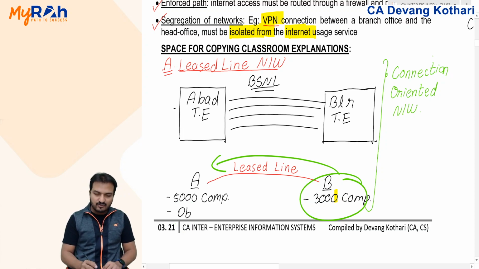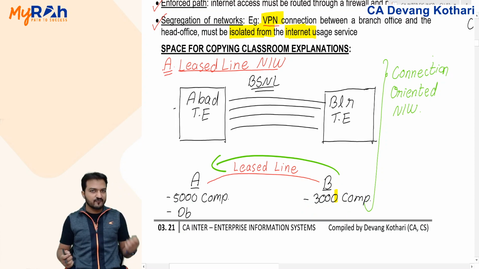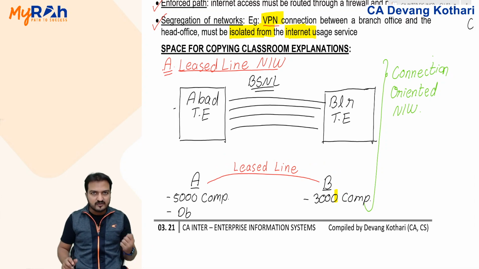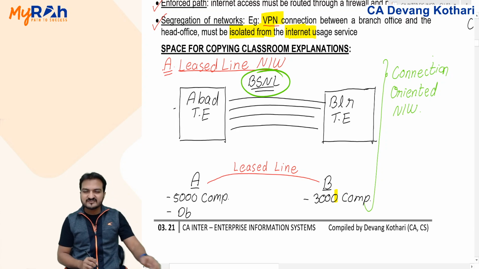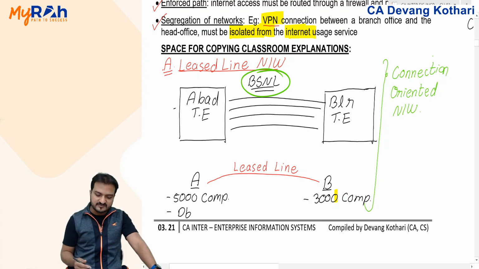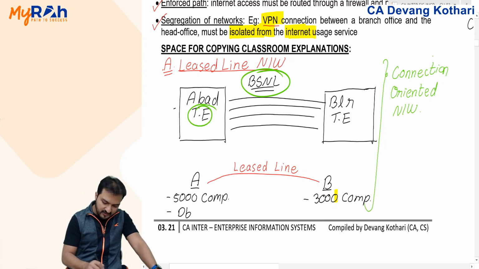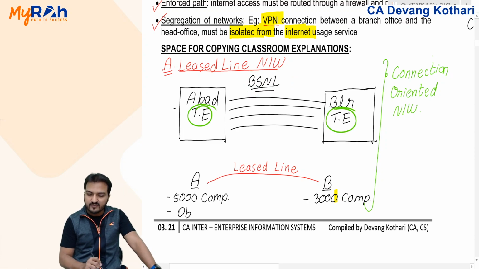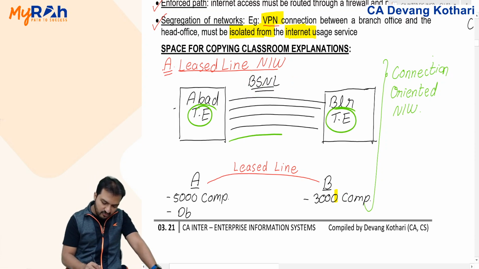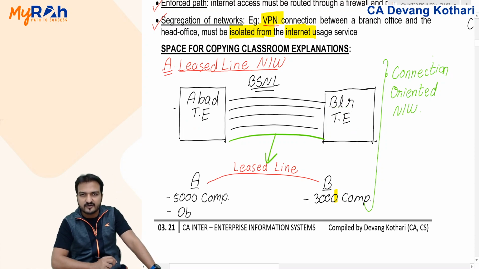Well, I cannot set up an actual cable from Ahmedabad to Bangalore. So what I did was that I talked to BSNL. BSNL already has telephone cables from the Ahmedabad Telephone Exchange to the Bangalore Telephone Exchange. I just told them that you give one of your telephone cables to me on lease, on rent.